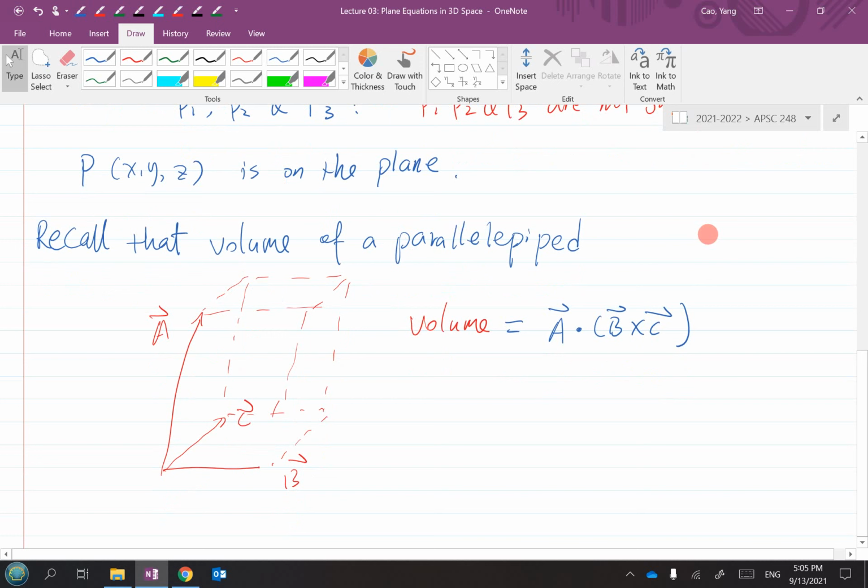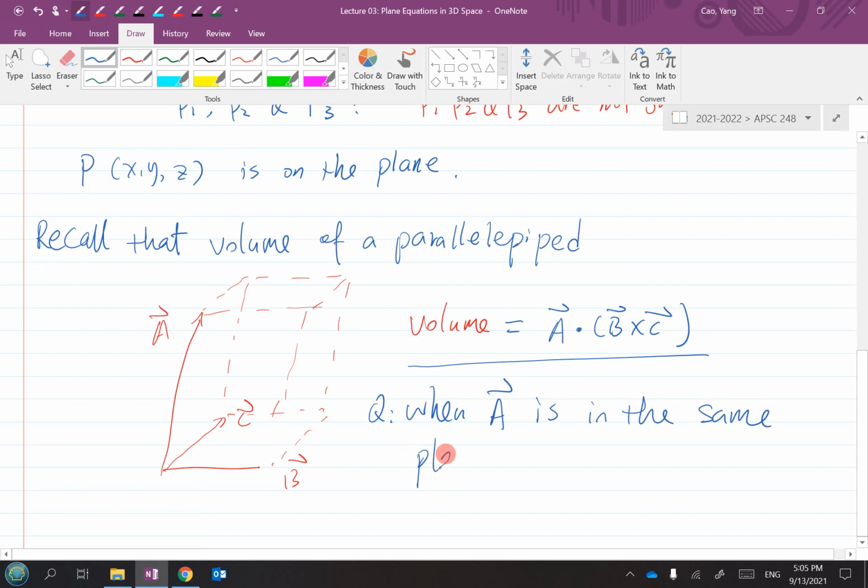If this is the volume equation for the parallelepiped, then here's a question: if the vector A is in the same plane as B and C, the volume equals what?